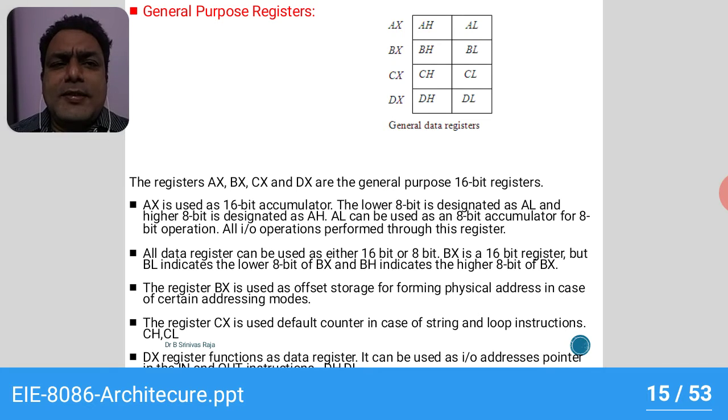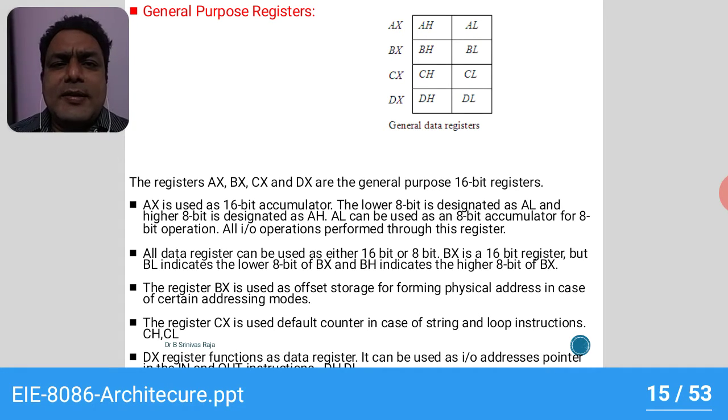Similarly, BX is the combination of BL and BH. CX is the combination of CL and CH. DX is the combination of DL and DH. So the general purpose registers are AX, BX, CX and DX.